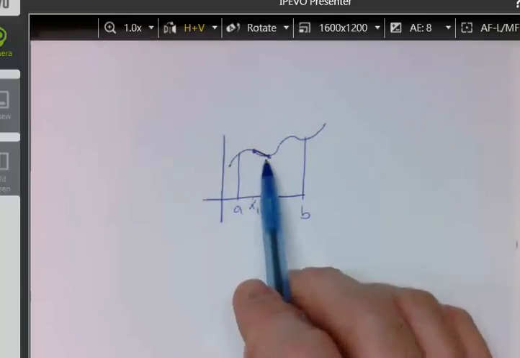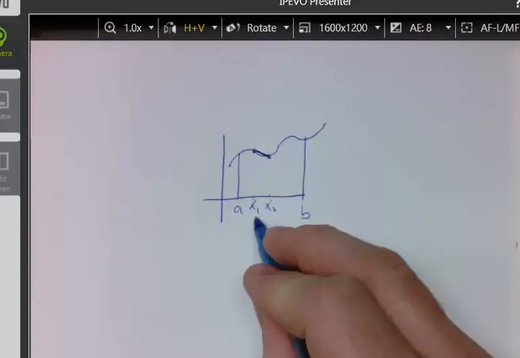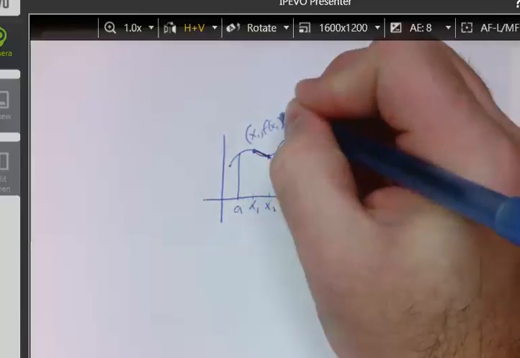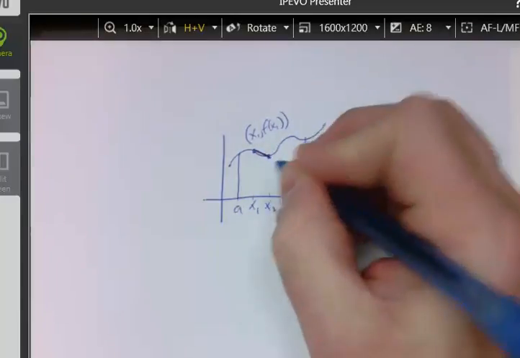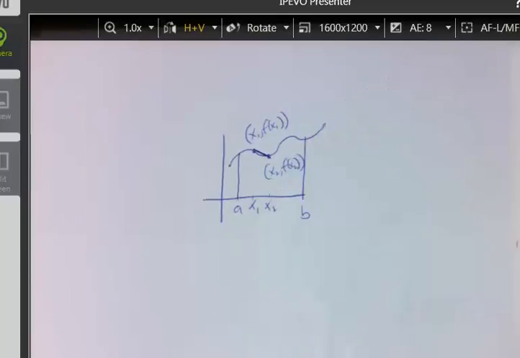So we'll make one segment to start. If this is x1, this is x1, f of x1, and if this is x2, this is x2, f of x2.